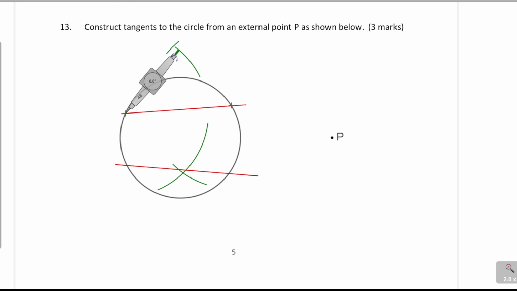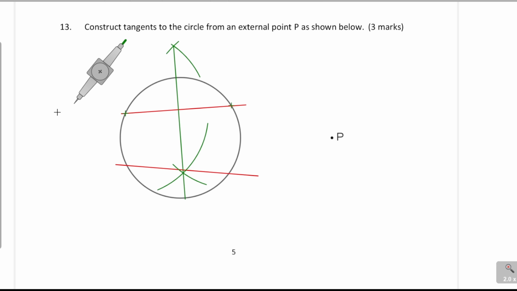Oh, it is not right. Once you do that, take a straight ruler and draw a straight line from that point. So that is the perpendicular bisector of that chord.